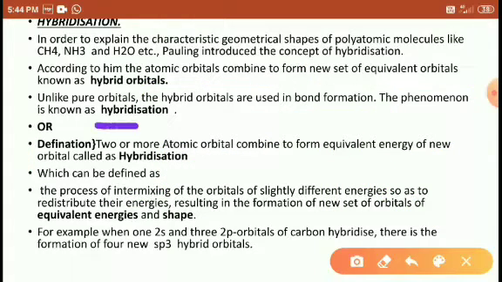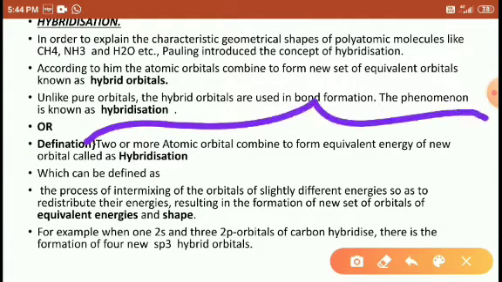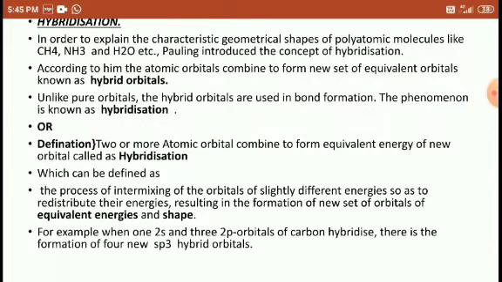This phenomenon we call hybridization, right? Or one more definition: two or more atomic orbitals combine to form new orbitals of equivalent energy, called hybridization. Right students? So this is the definition of hybridization.